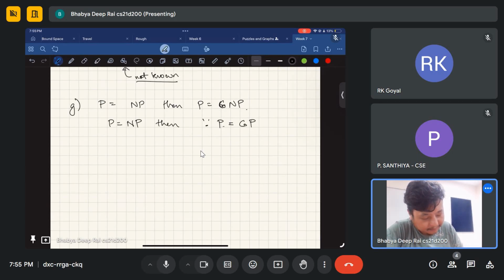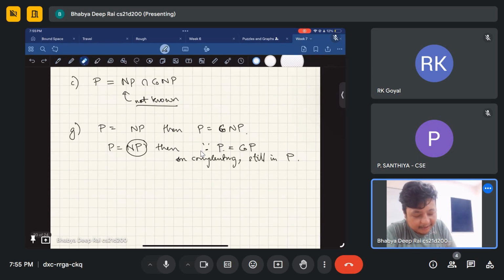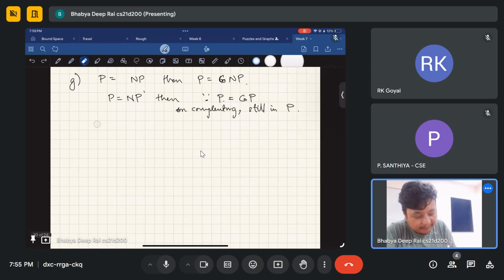Then anything that is in NP, the complement is also in NP, is also in P, right? So on complementing, still in P. But we already know that for any L in NP, L complement is in coNP.